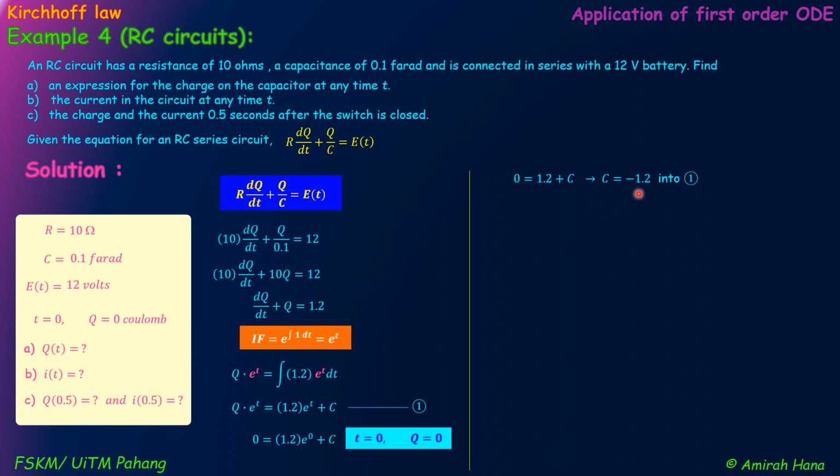Then we can substitute the value of C into equation 1. After we substitute, we get Q times e to the power of t equals 1.2 e to the power of t minus 1.2. Now we want to find an expression for the charge on the capacitor at any time t.